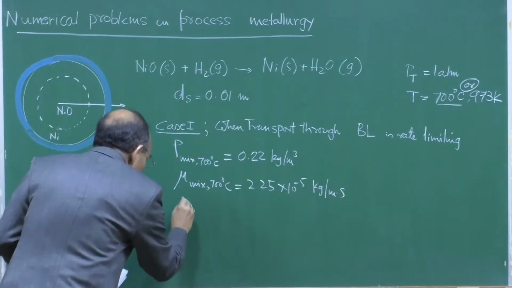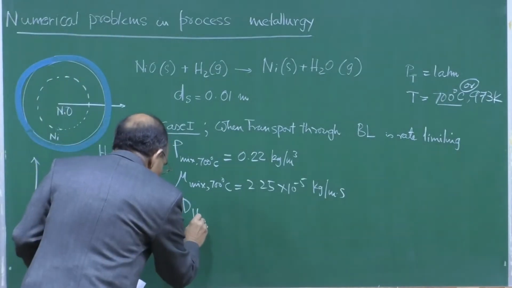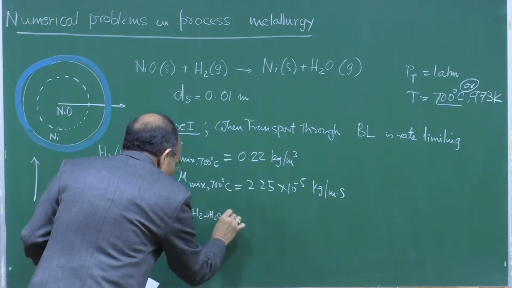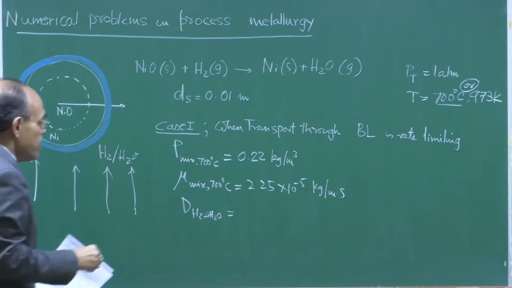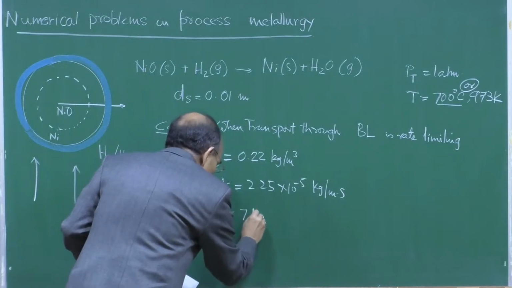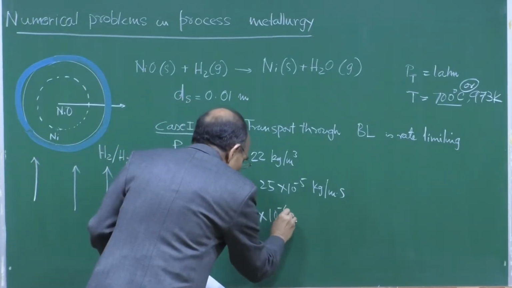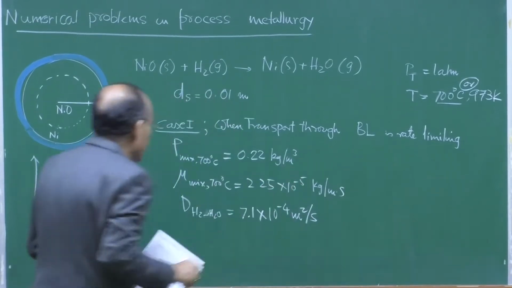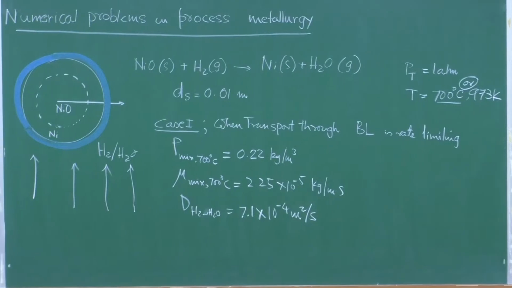And the diffusion coefficient of the H2-H2O mixture through the gaseous mixture is 7.1 into 10 to the power minus 4 meter square per second.